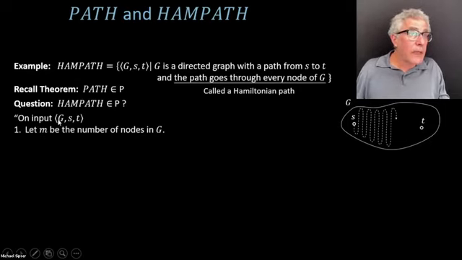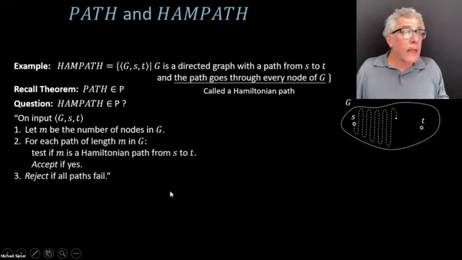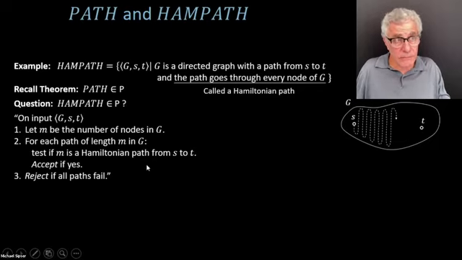Let M be the number of nodes in G. What I'm going to do is try every possible path in G and see if it actually works as a Hamiltonian path, and accept if it is.